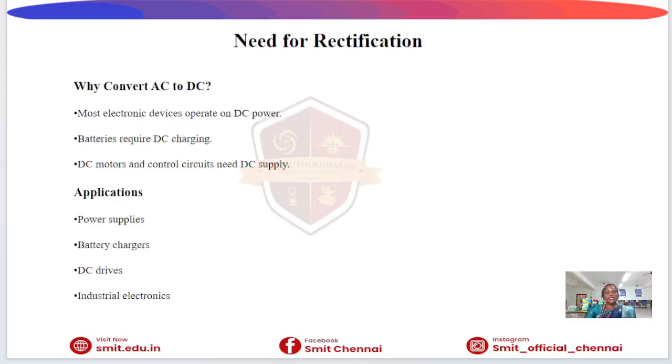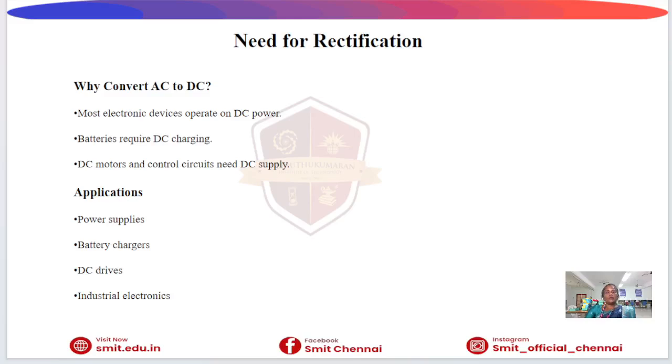The electrical energy supplied by power stations and distributed through transmission lines is AC in nature because AC can be transmitted efficiently over long distances. However, many electrical and electronic devices require DC power for proper operation. For example, batteries can only be charged using DC voltage.